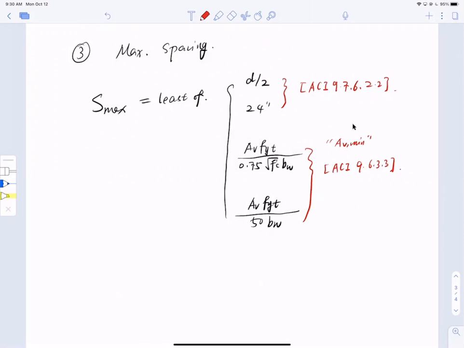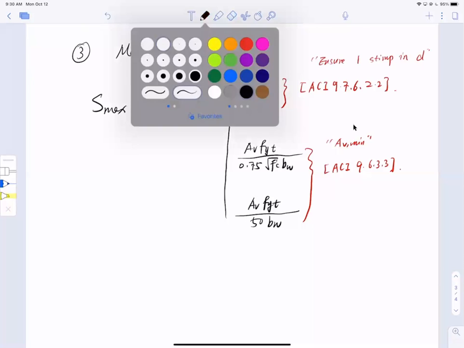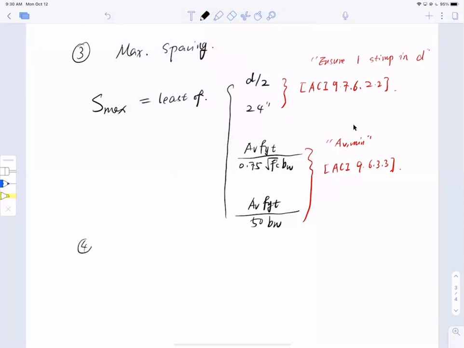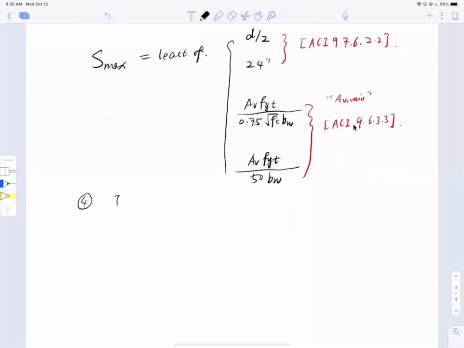The top is to ensure at least one stirrup within d, crossing a crack. The second is the minimum reinforcement, so I just grouped them together. Once you went through this, you have to check again to see if VS, the required steel, is bigger than 4 times square root of f prime c bw d.